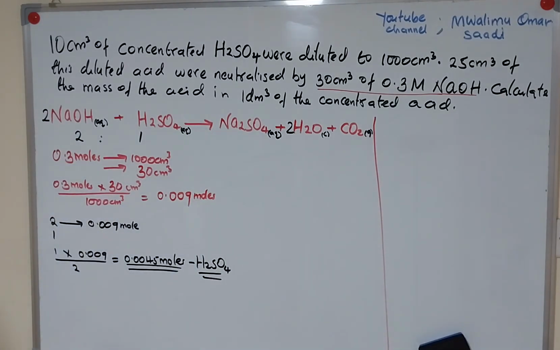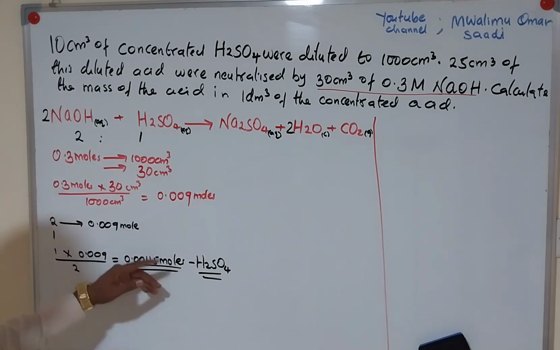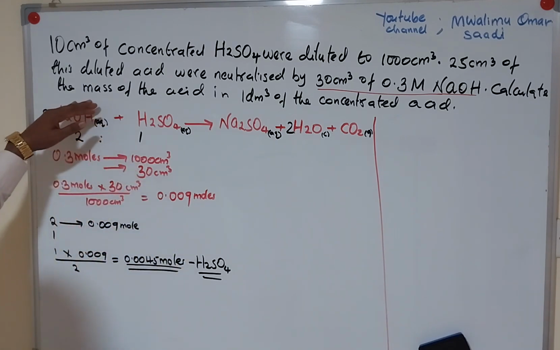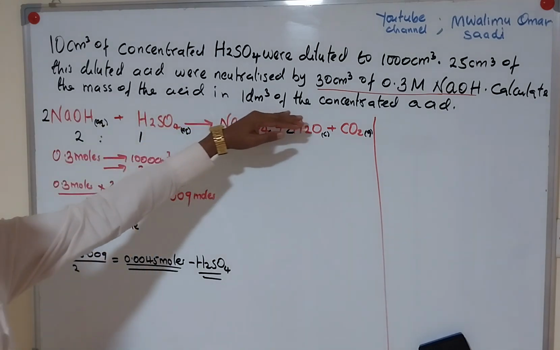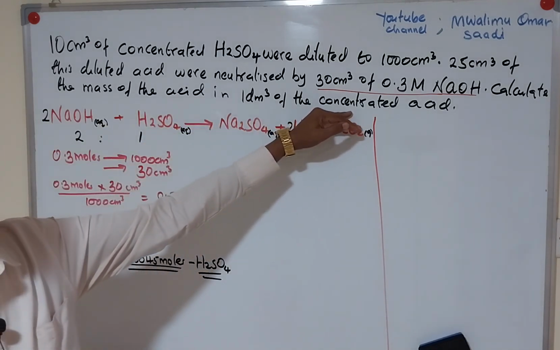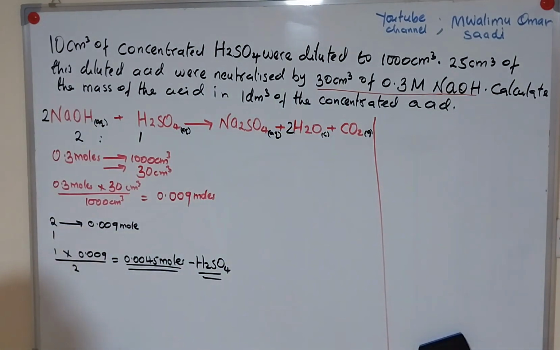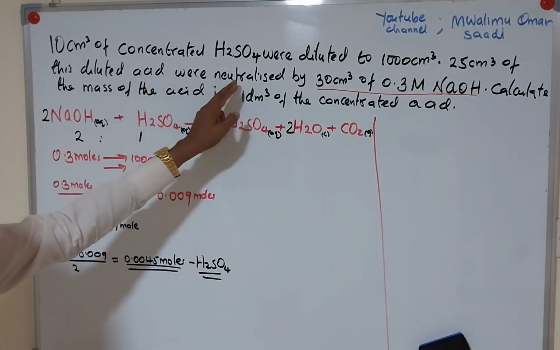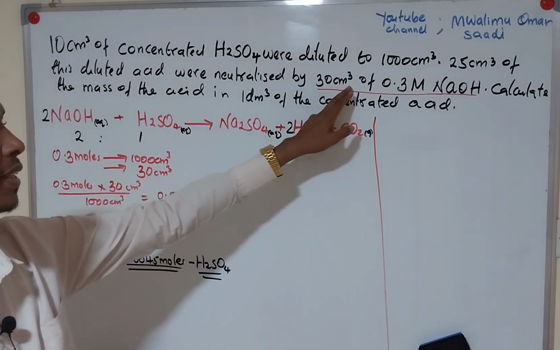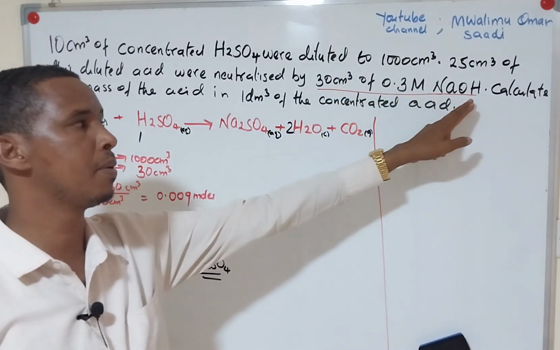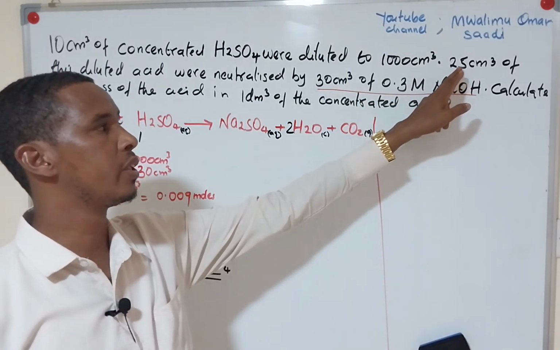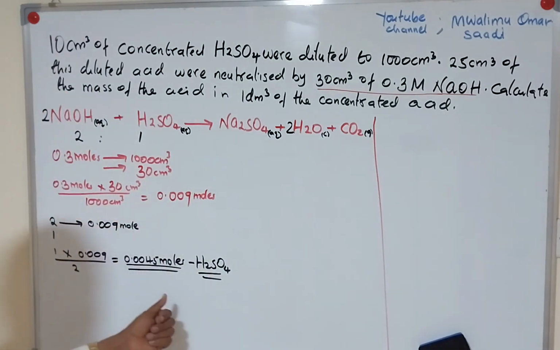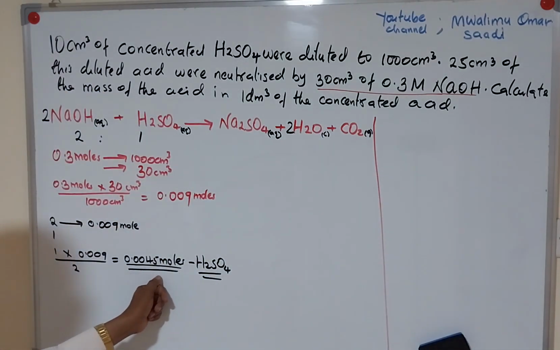Okay. Now we have got the number of moles of sulfuric acid, and the question was asking to calculate the mass of the acid in 1 dm³ of concentrated sulfuric acid, and then we will use the information we have. We were told 25 cm³ of this diluted acid was neutralized by 30 cm³ of 0.3 molar sodium hydroxide, which means 25 cm³ contains 0.0045 moles.